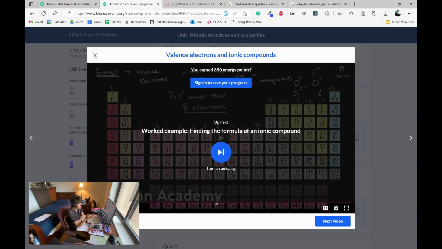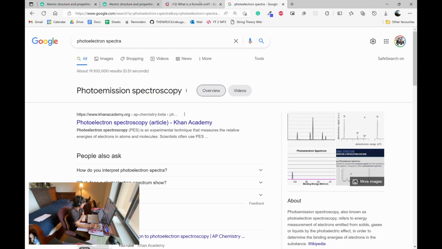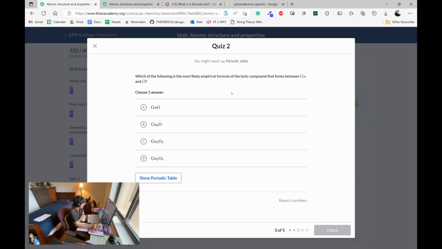What does 18 mean? Okay, yeah, you can have 18 valence electrons.